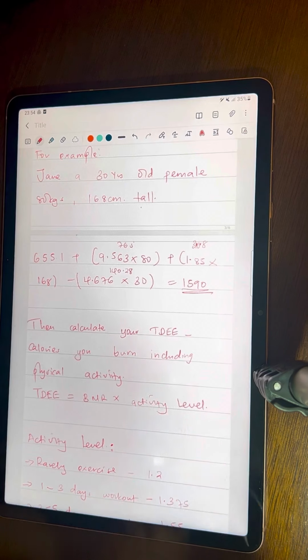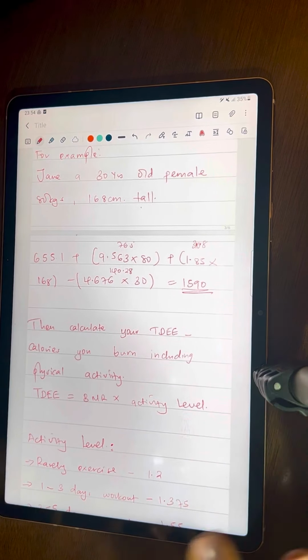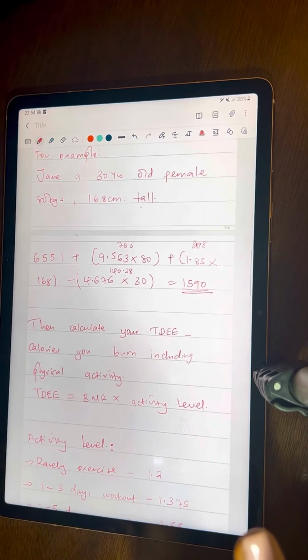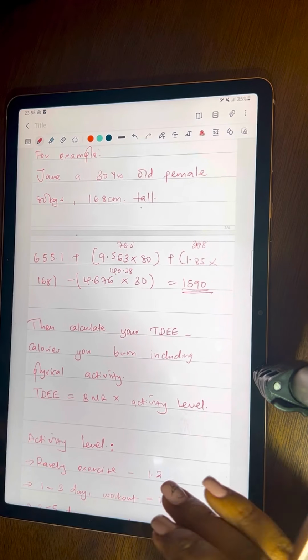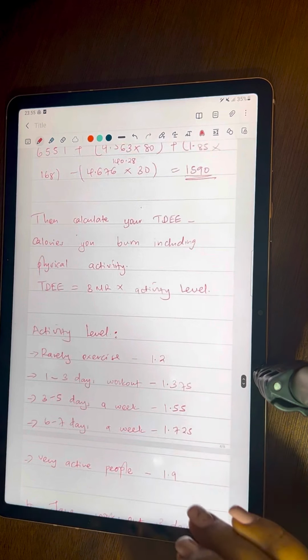Now, if Jane woke up today and she was not doing any other thing, she was just resting, her BMR or the calories she's supposed to be burning is 1500, roughly 1600 calories, all right? So we need to understand how many calories you're burning while including a physical activity, all right?